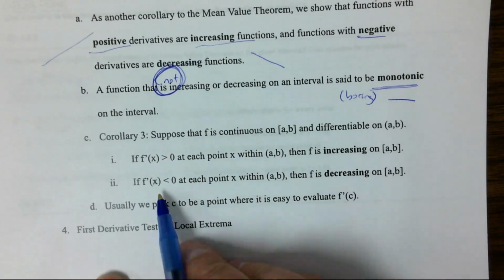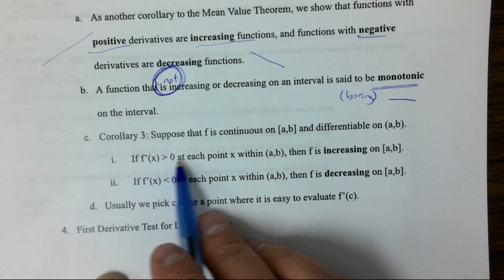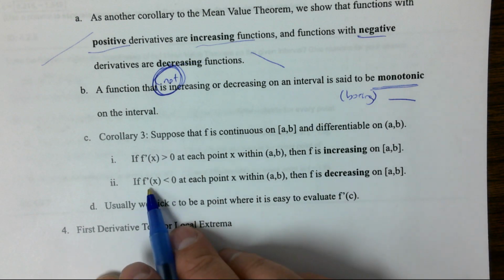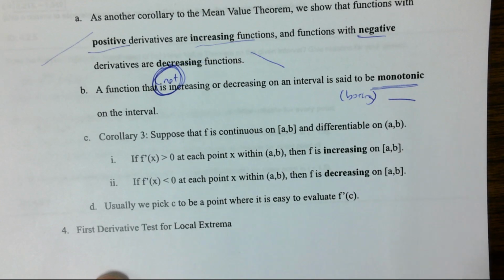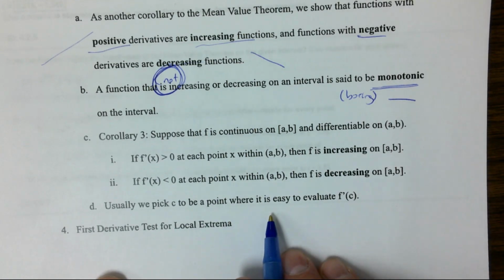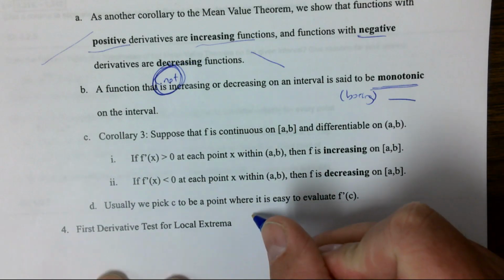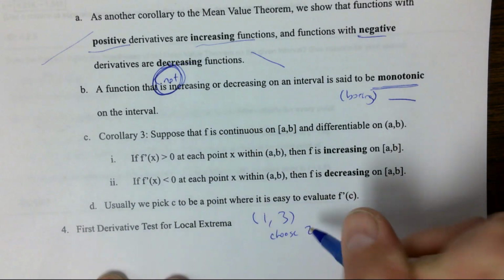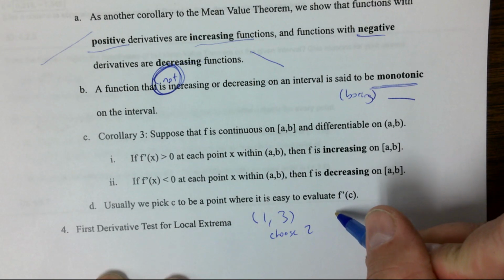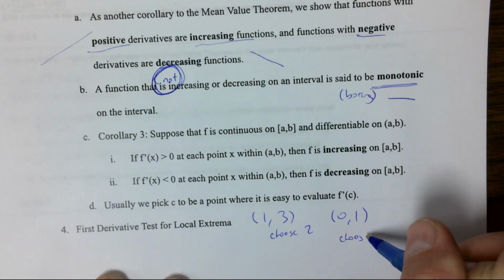Okay, so then your corollary is if the derivative is greater than 0, then it's increasing, and if the derivative is less than 0, then it's decreasing. And usually we pick C to be an easy point. So, for example, if you have an interval like 1 to 3, then choose 2. If you have an interval like 0 to 1, then choose 1/2.